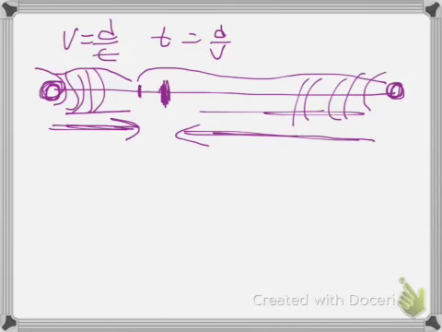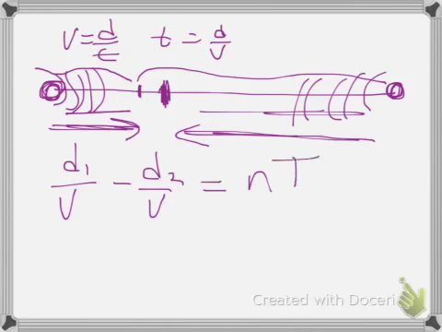So if we do that, and remember, they both have the same period, we could say that d1 over v minus d2 over v is equal to n, some whole number multiple, or integral multiple, I think your book might call it, but you call it what you want, times the period of the wave.